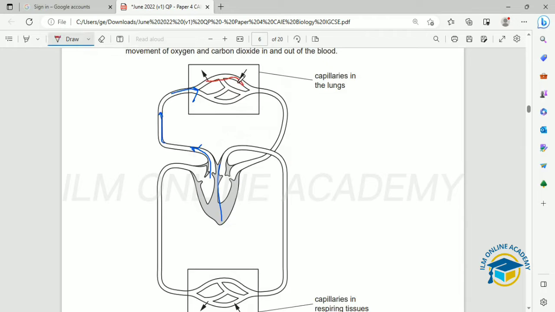The oxygenated blood then moves back to the heart, and from the heart that oxygenated blood is pumped to the other parts of the body, because now it has got oxygen. It's going to reach the cells where respiration needs to take place, or the parts of the body where energy is required.